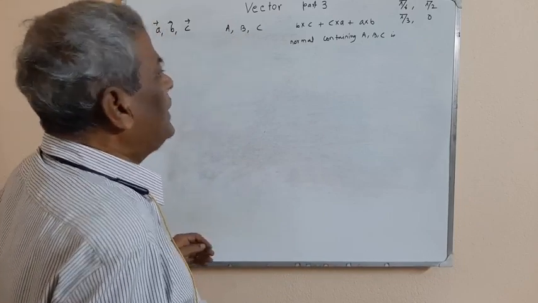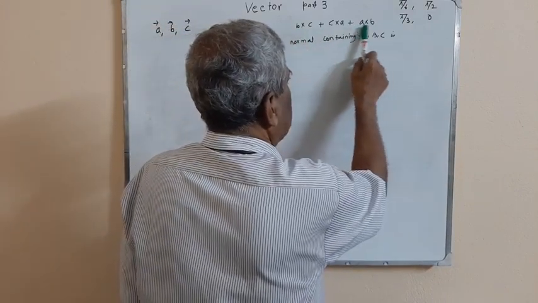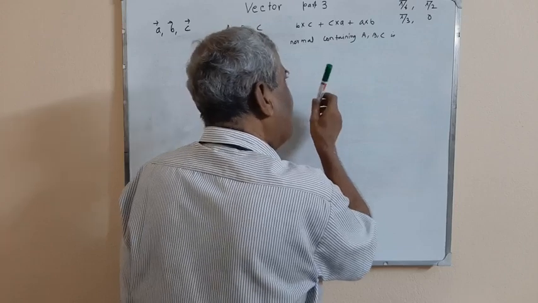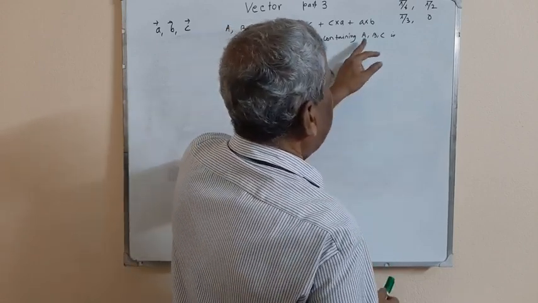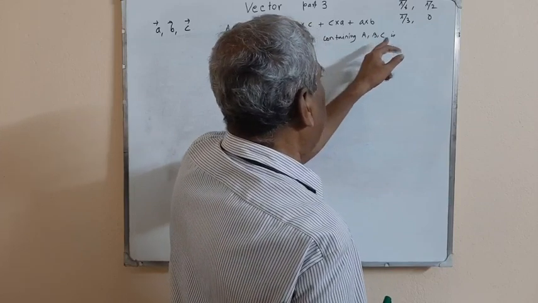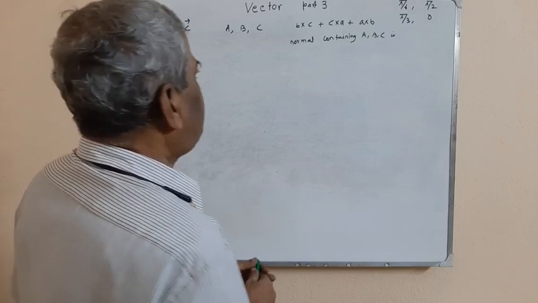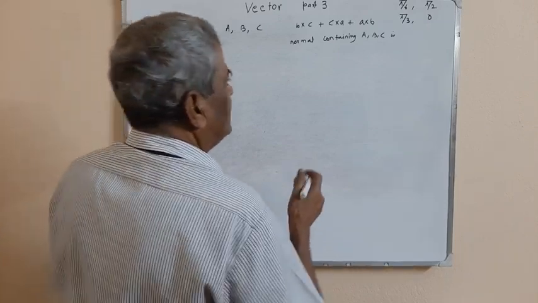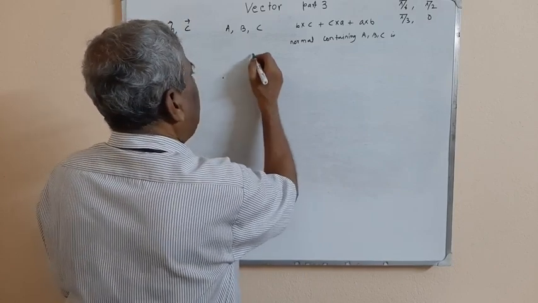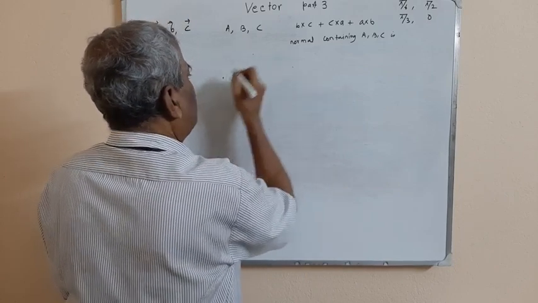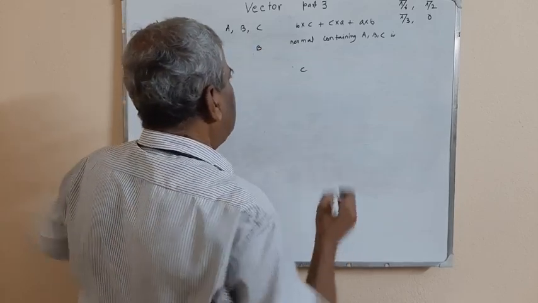So we have to find the angle between this and the normal of the plane containing capital A, capital B and capital C. Suppose A, B and C are these 3 points.